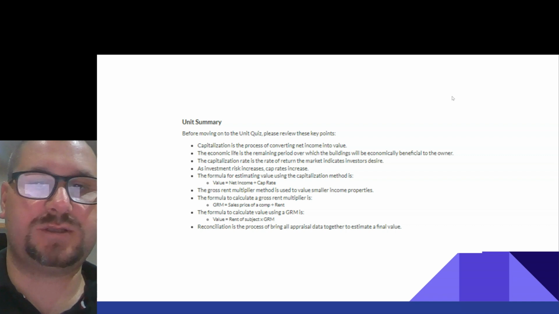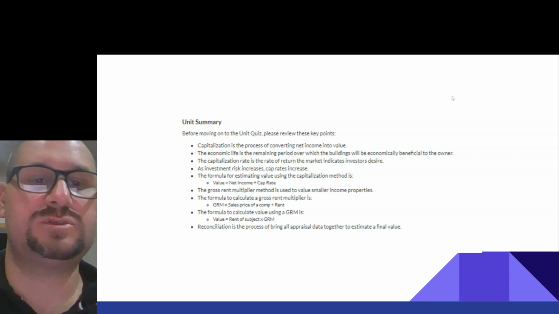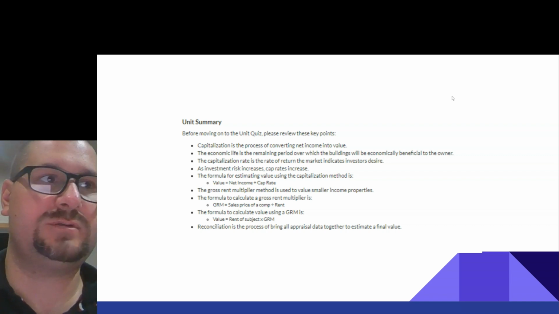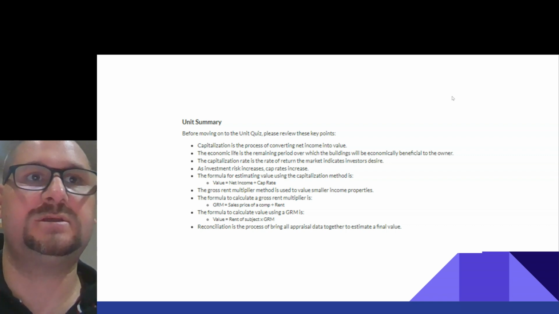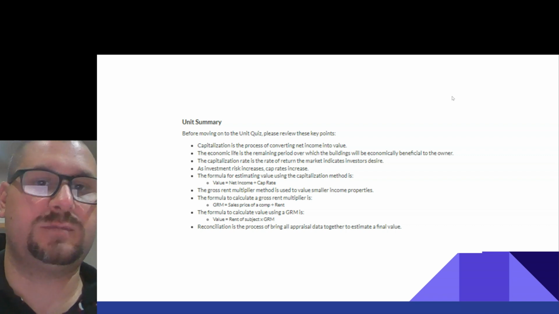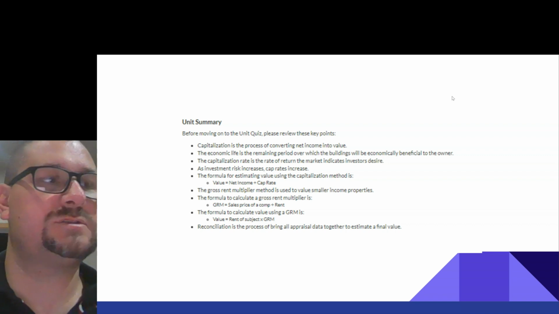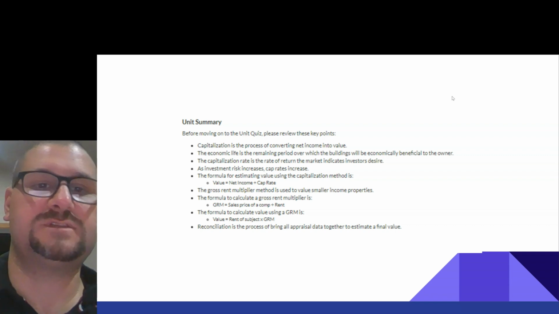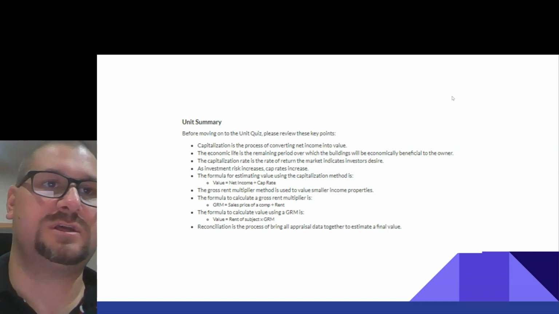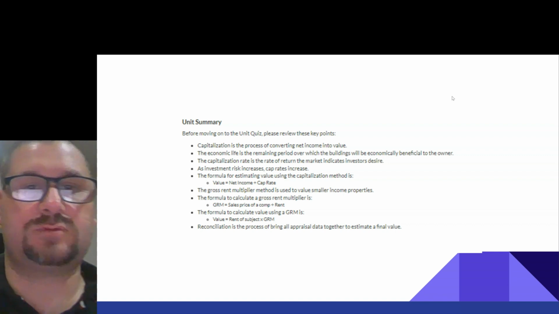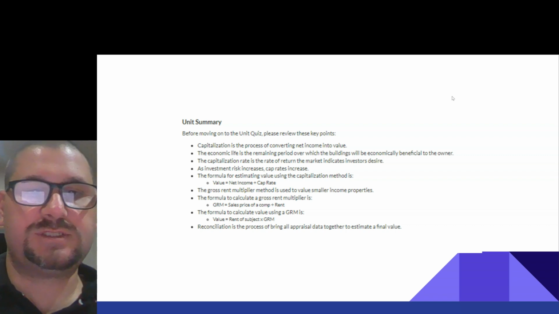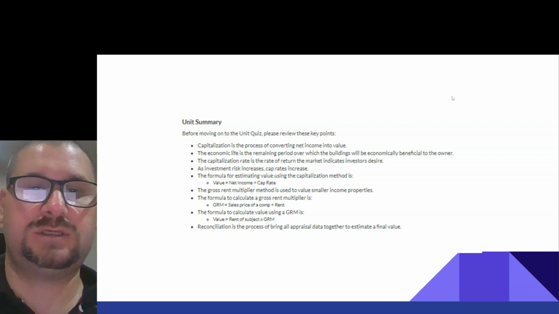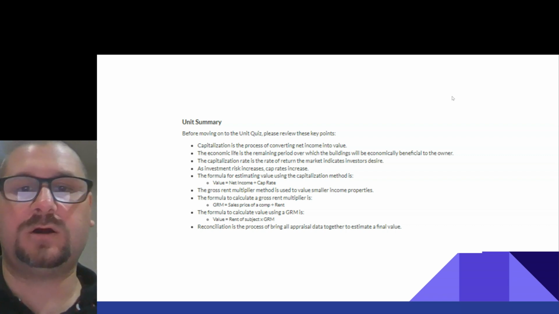The formula to calculate value using a gross rent multiplier is value equals the rent of the subject times the gross rent multiplier, the GRM. Reconciliation is the process of bringing all appraisal data together to estimate a final value.